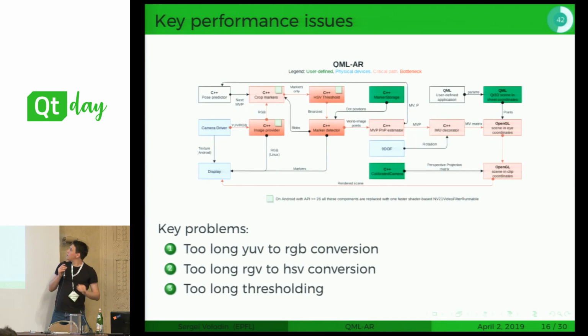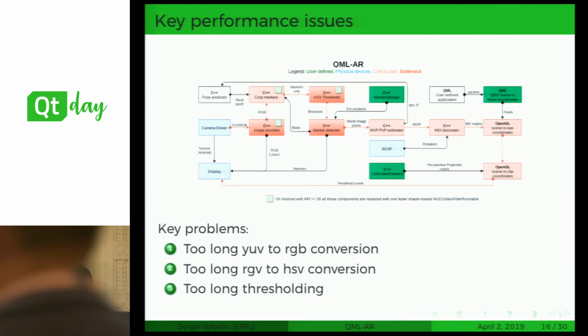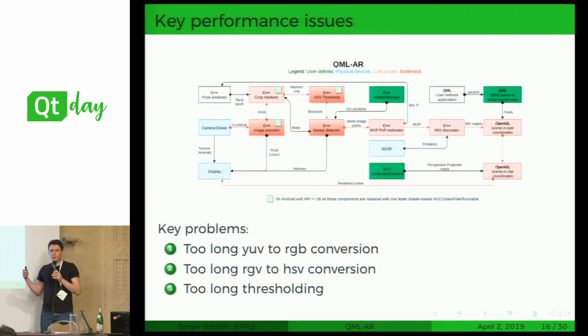Okay, so what are the components that we want to optimize? The bottleneck was at the beginning, namely image processing. Here we have color conversion and also color thresholding. Since we have these random dot markers, which are just blobs of a certain color which we want to detect, we need HSV thresholding, which is a special kind of color space in which it's easy to detect blobs of a certain color.